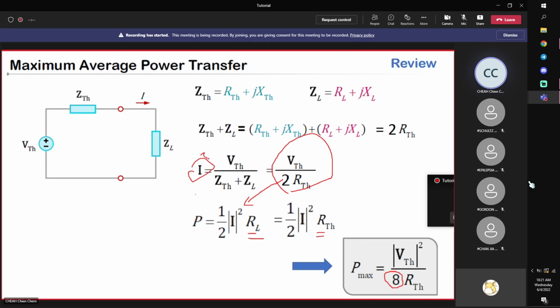When you square it, you have 1 over 4, and since you're using peak values, you have to half it again, and then you get 1 over 8. So the maximum power consumed by the load from this circuit is VTH squared divided by 8 RTH, if you use peak values. Take note that this is for peak values. Any questions?